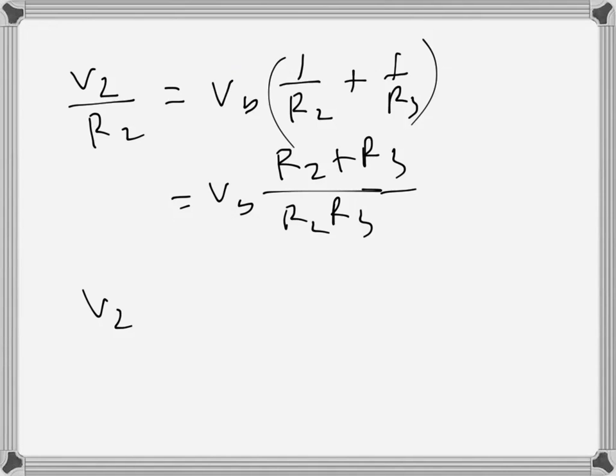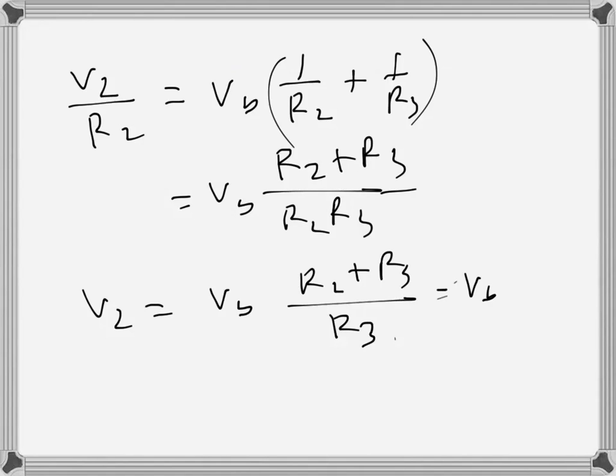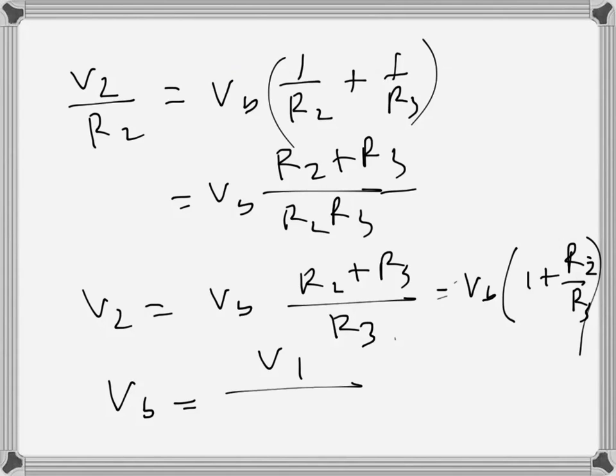So V2 is VB times (R2 plus R3) over R3. I have multiplied both sides by R2, so that can also be written as V2 equals VB times (1 plus R2 over R3).